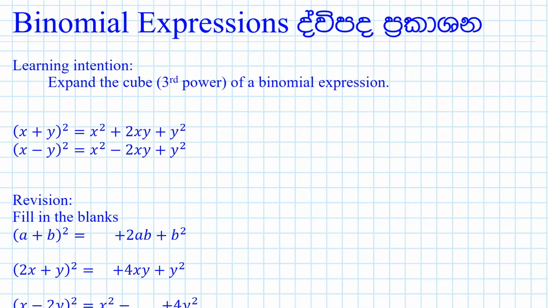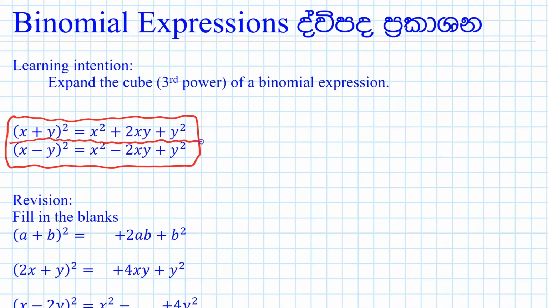The learning intention for today's lesson is expanding the cube of a binomial expression. Beforehand, we are going to have a bit of a revision of what we learned so far: the expansion of x plus y squared, the second power or the square expansion, as well as x minus y squared.